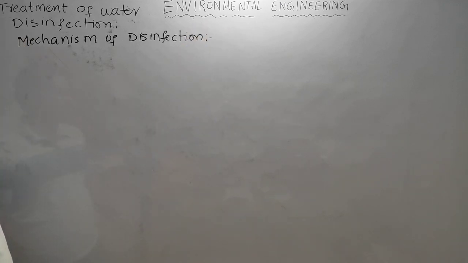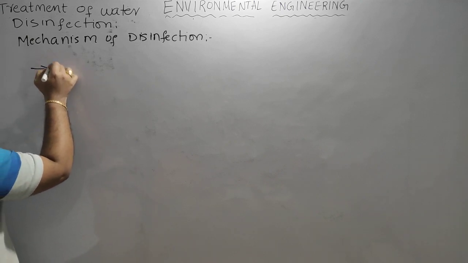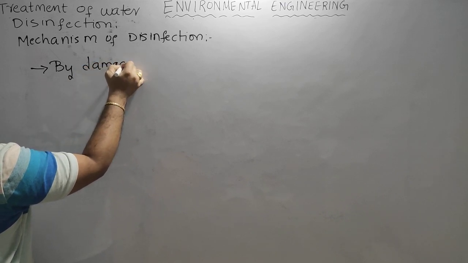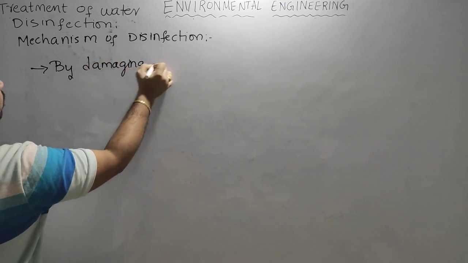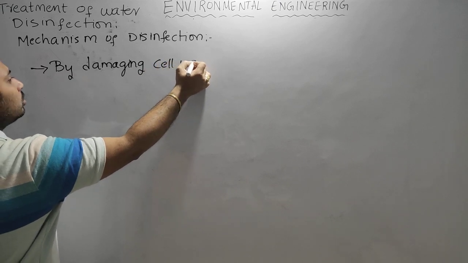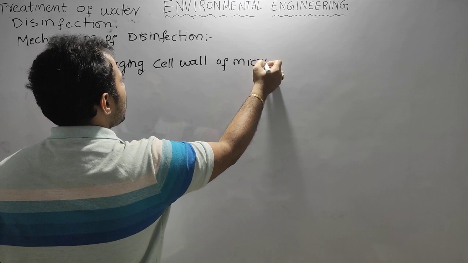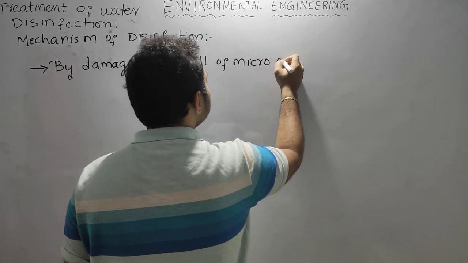The first one is breaking of the cell wall, damaging the cell wall of the microorganism. See how skin protects our body.